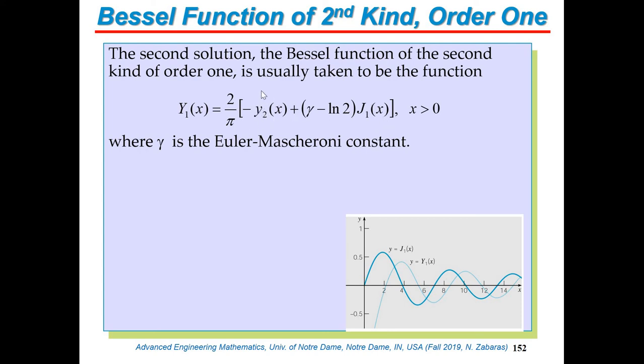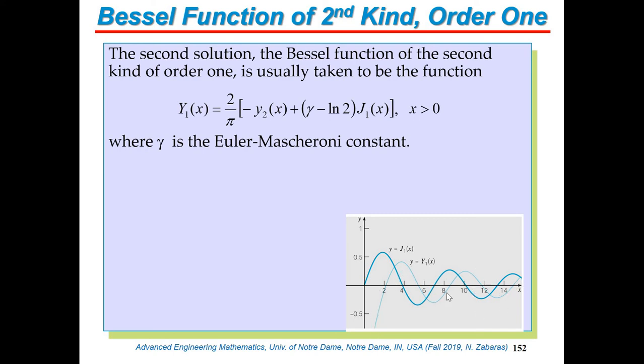So rather than taking this Bessel function directly to be y2, we combine it with J1. And again, gamma is the Euler constant that we have seen before. J1 is a bounded function that's analytic. It converges everywhere, and Y1 is unbounded at x equal to 0.